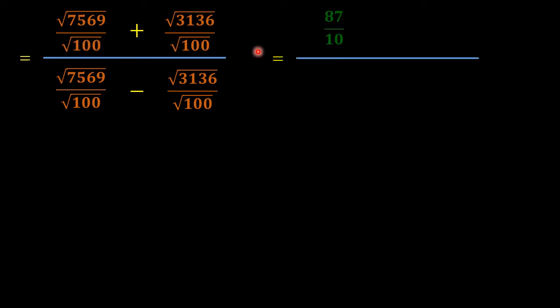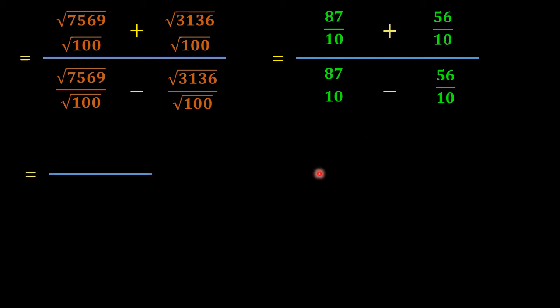So we can write 87 by 10, then plus sign, 56 by 10, and in the denominator 87 by 10 minus 56 by 10. Then here the LCM of 10 and 10 is 10. So in the numerator the LCM will be 10, and we add 87 with 56. And in the denominator the LCM will be the same, and we subtract these 2 numbers, and we can write 87 minus 56 by 10.